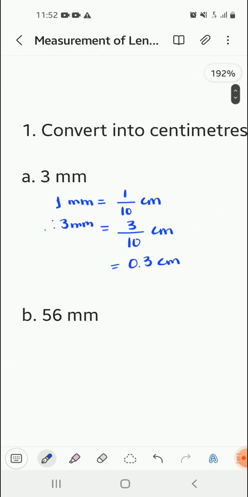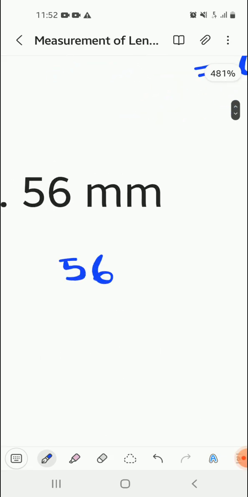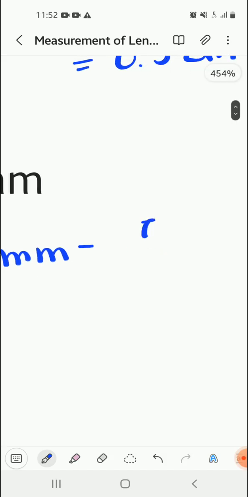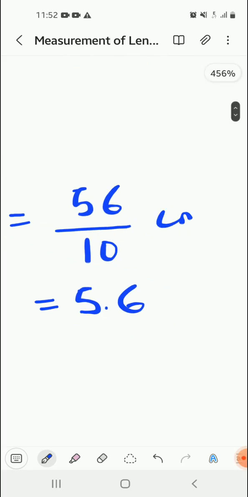Moving on to the next question, 56 mm. Again, the same step. 56 mm will be 56 divided by 10, that is 5.6 centimeter.